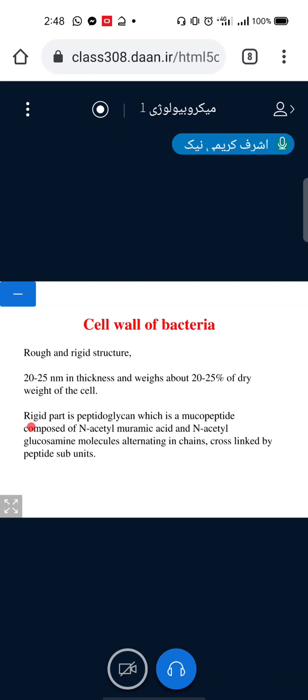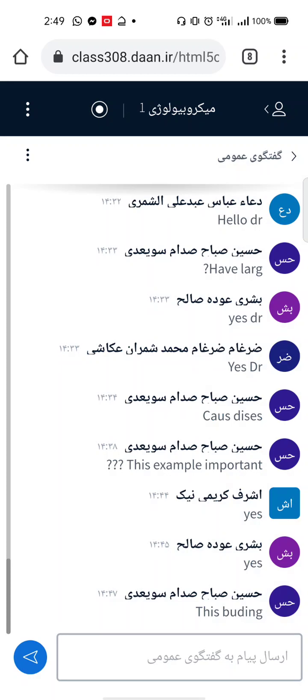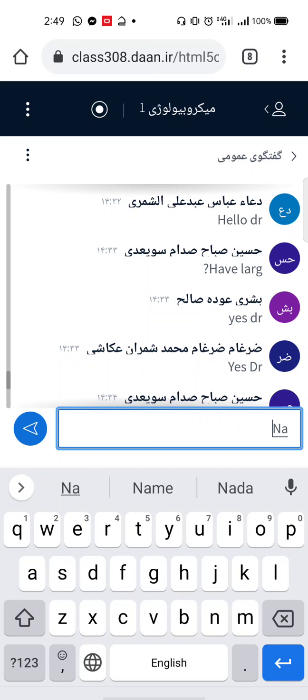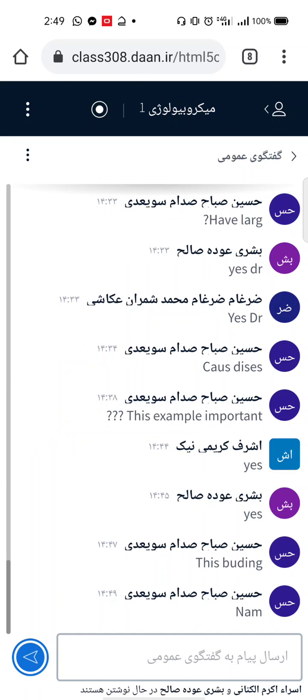The rigid part is peptidoglycan, which is a mucopeptide composed of N-acetylmuramic acid and N-acetylglucosamine molecules alternating in chains, cross-linked by peptide subunits.